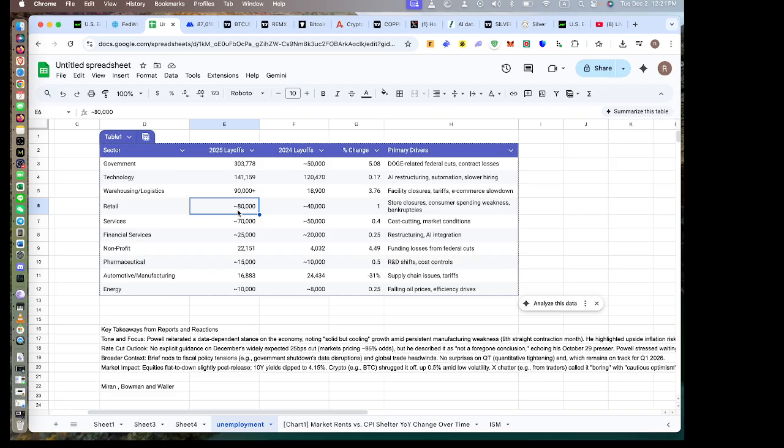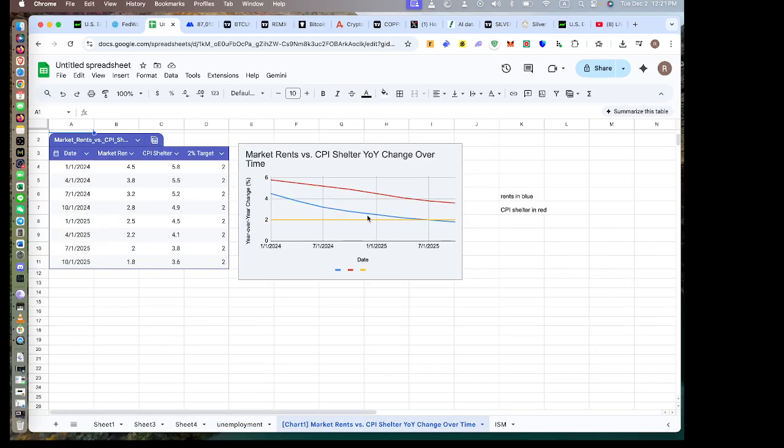So are these jobs going to come back? Probably not. And they're not only not going to come back, but the layoffs in 2026 are going to be even more profound. You see what I'm getting at here, right? Higher layoffs, rents coming down. The market should be lowering rates more aggressively.